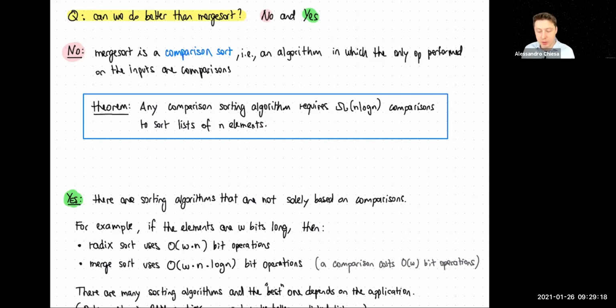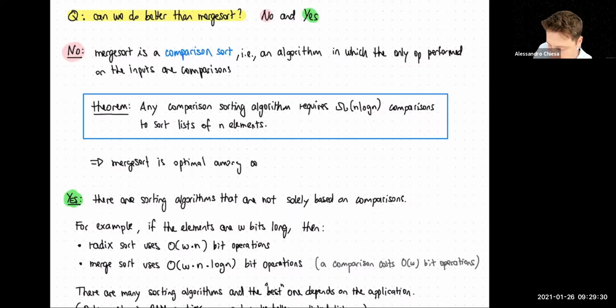So we learn that merge sort is optimal among comparison sorts.